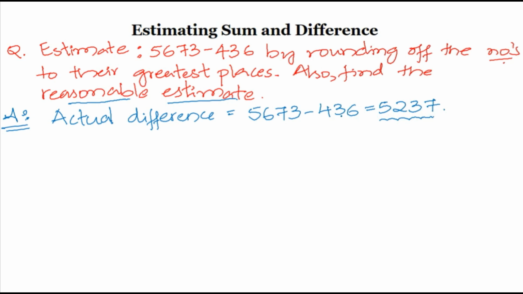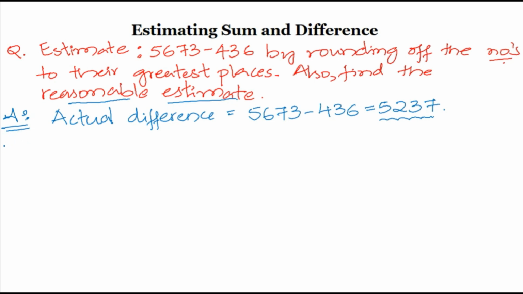Now I'll estimate the numbers to their greatest places. For 5,673, the greatest place is thousands, and for 436, the greatest place is hundreds place. So we have to estimate 5,673 to the nearest thousands.